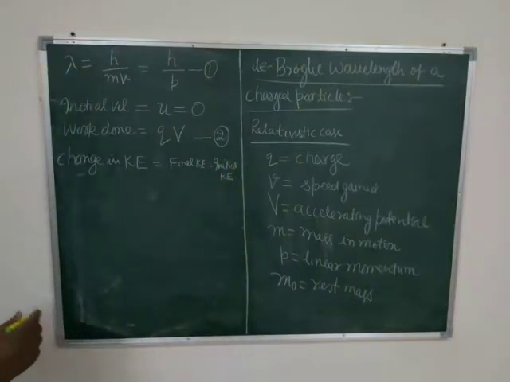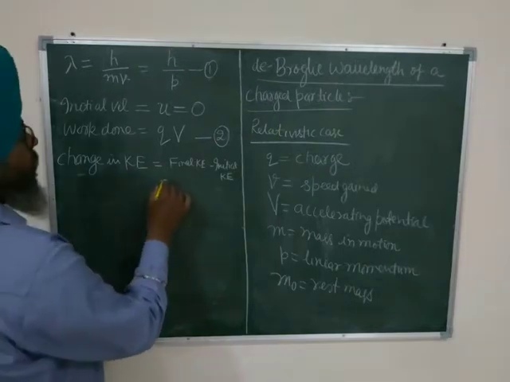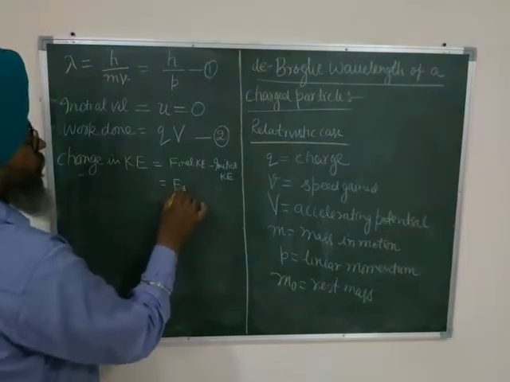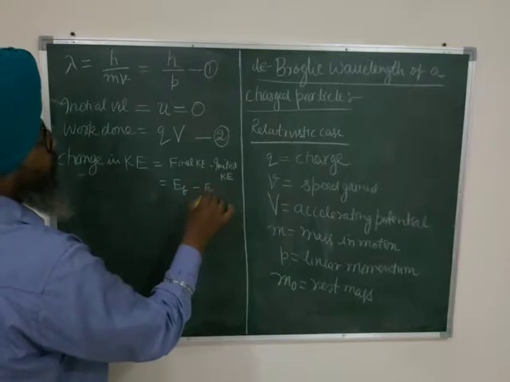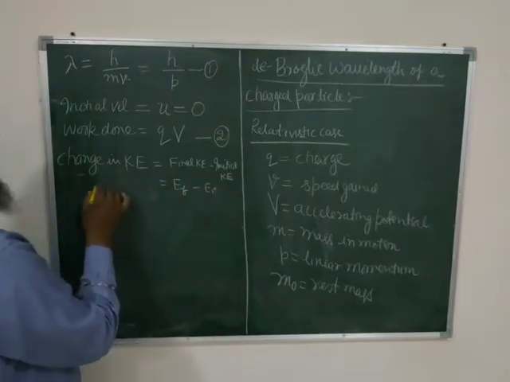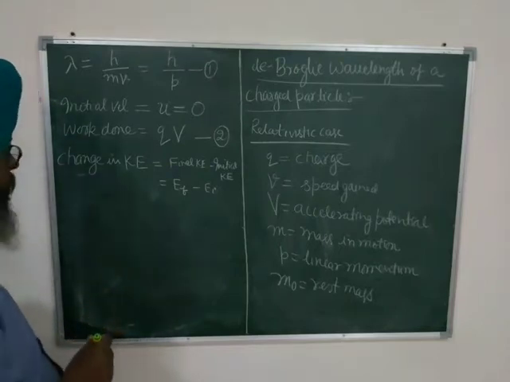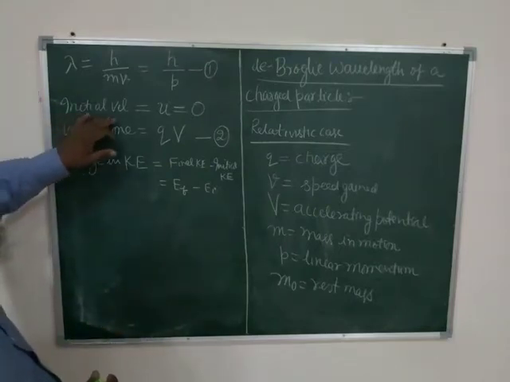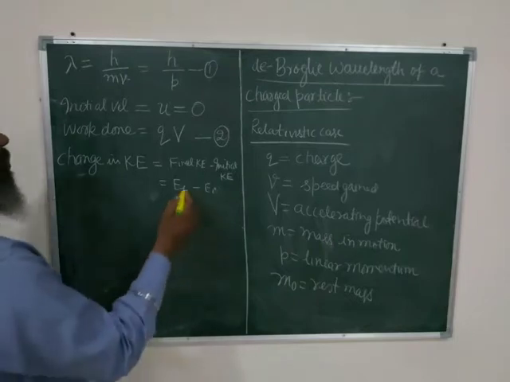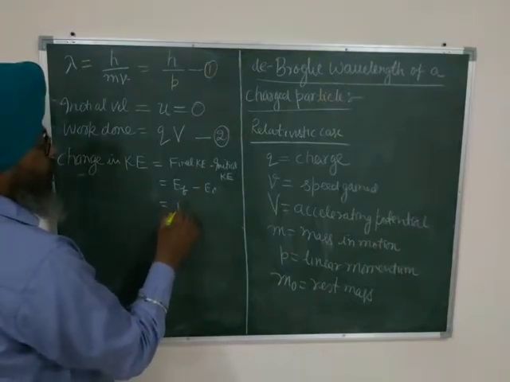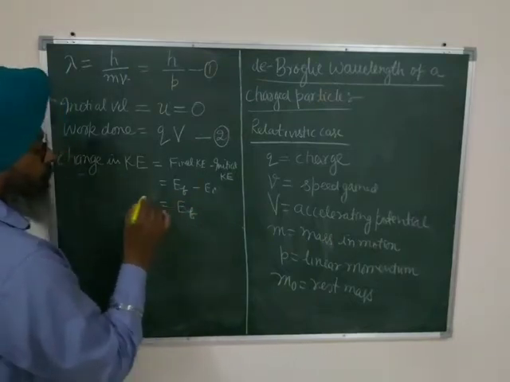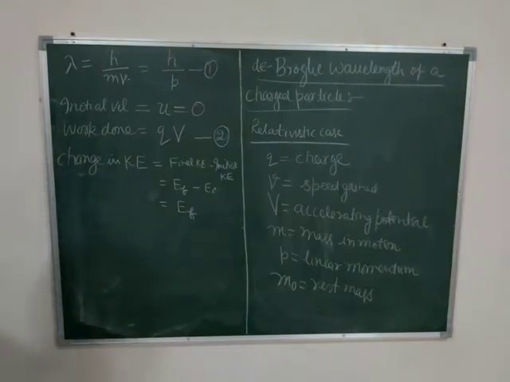Let us say the final kinetic energy is EF and the initial kinetic energy is EI, and the change in kinetic energy will be this one. However, since we have assumed that the initial velocity of the object is 0, the initial kinetic energy will be 0, so it will be equal to EF itself, the final kinetic energy.